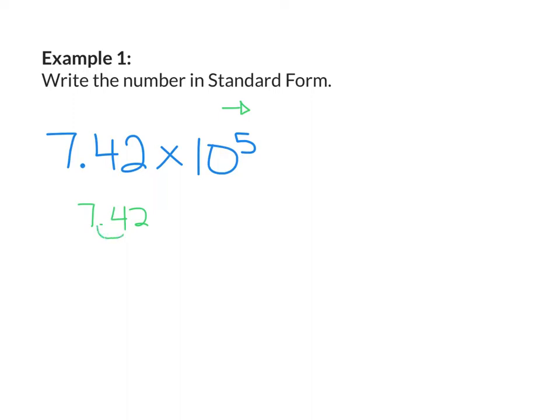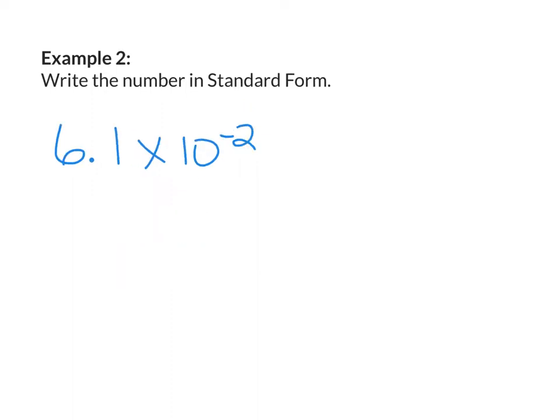So I'm going to jump 1, 2, 3, 4, 5. Wherever I don't have any digits, I'm going to place zeros. So I have 1, 2, 3. Now I'm going to rewrite my number and place my comma. So my answer is 742,000.